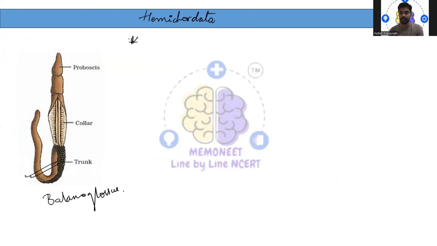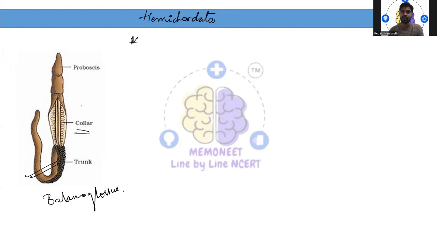Earlier, Hemichordata were considered a subphylum under the phylum Chordata, but later, with the development of the subject, they were replaced as a separate phylum. So Hemichordata come under non-chordates. They have a rudimentary structure in the collar region.